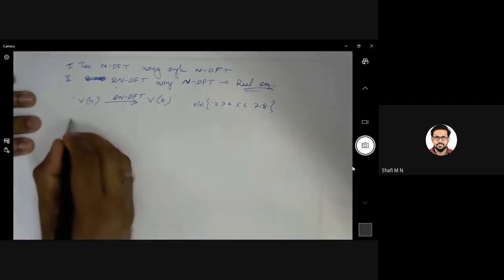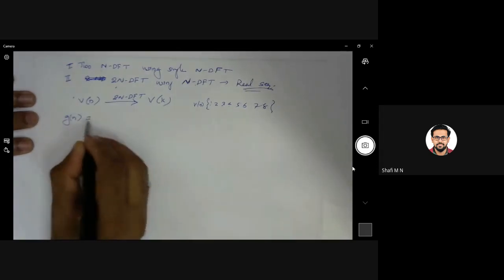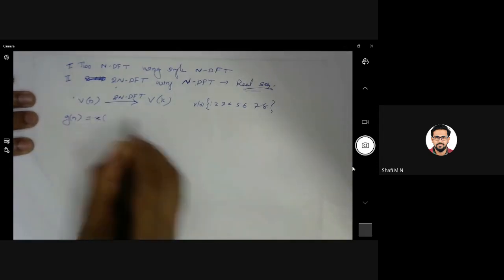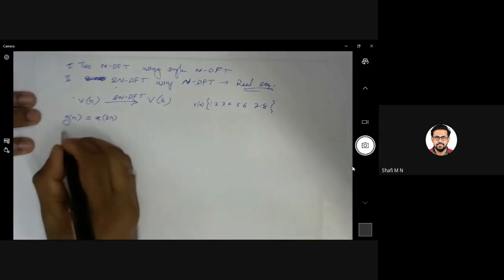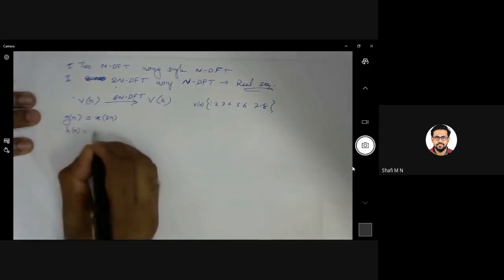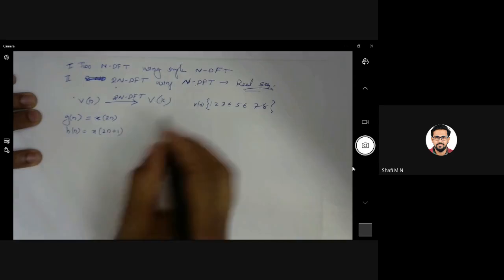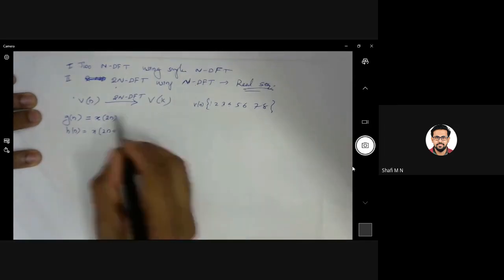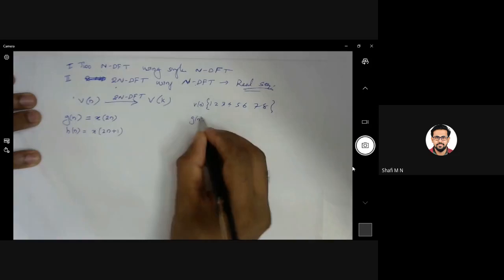Now I'm going to split it as, you name it g of n. You can give any name, so let it be g of n. g of n is the even indexed elements, and the second sequence is h of n, which is the odd indexed elements. 0 can be counted over here as even. So for this particular example, what will be g of n?